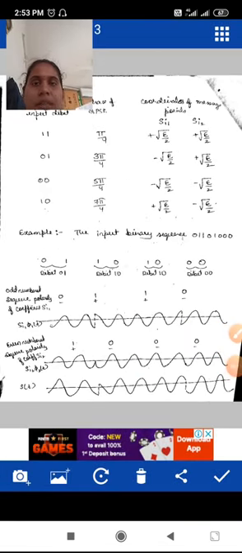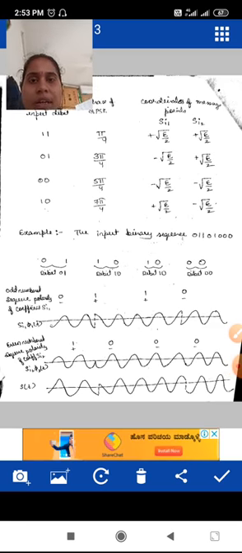Here this is the input dibit, and then the phase. If we are transmitting 1 1, for example, the input bit which we are transmitting is 1 1 continuously.